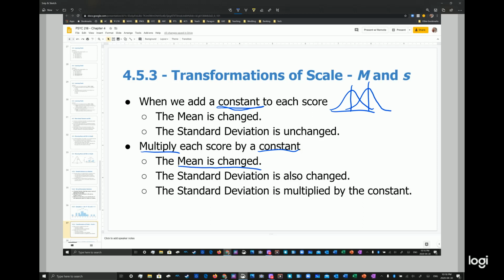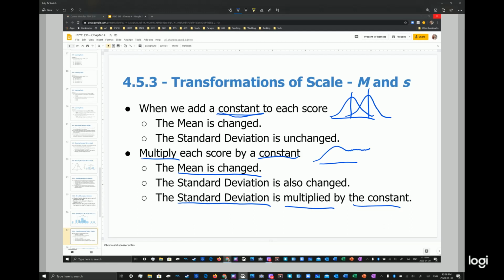But also because you're multiplying, the standard deviation would be changed by the constant the same way that each score is multiplied. I'll put this another way. The standard deviation would be multiplied by that constant. So not only would it shift, but it would also change shape. If you're multiplying by an integer, it would get fatter. It would get wider.